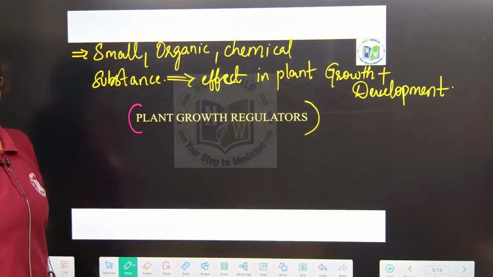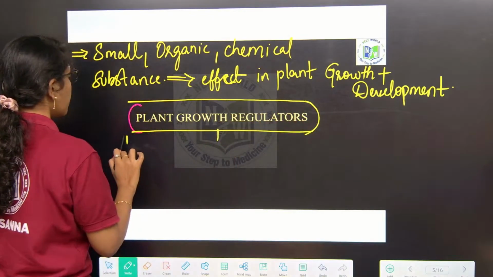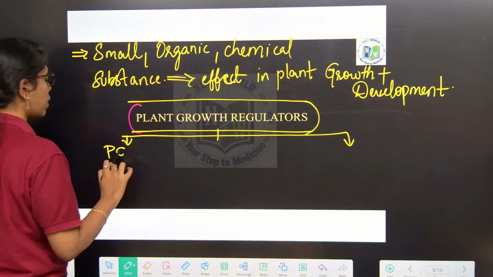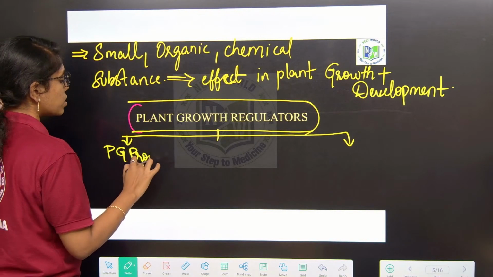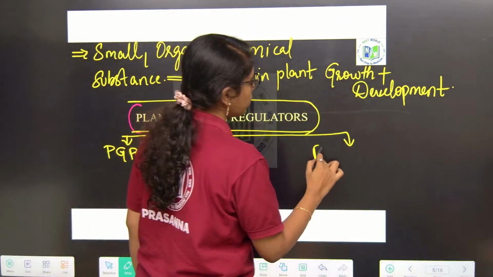Okay. So, plant growth regulators can be of two types. It can be plant growth promoting or plant growth inhibiting: plant growth promoters or plant growth inhibitors.